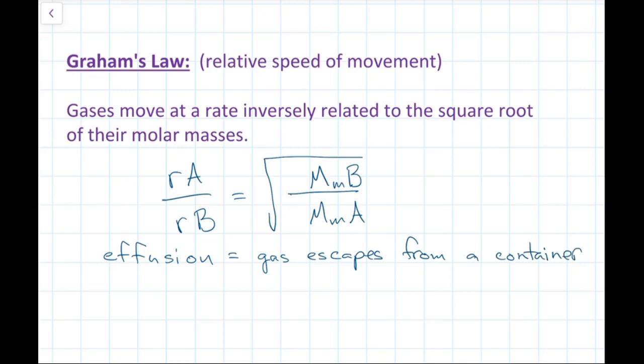And then very similar, if you were to imagine you've sprayed a perfume bottle, the perfume would have effused from its container as you sprayed it. But once it's already hanging there in the air, it's going to move throughout and mix with the other gases in the room, and we call that part diffusion.